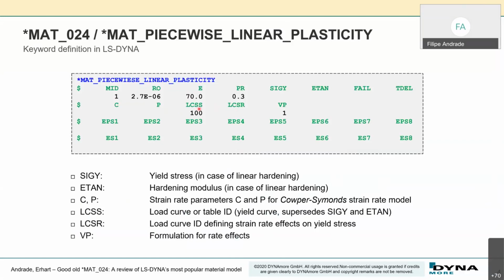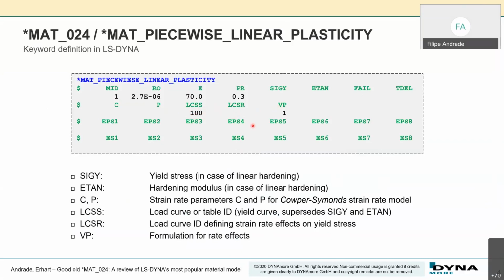So you can use your single hardening curve, and it is multiplied by factors which are a function of the strain rate. And the VP flag stands for viscoplasticity. You can tell us if you want to use viscoplasticity or not. We're going to see a little bit more about this later on.